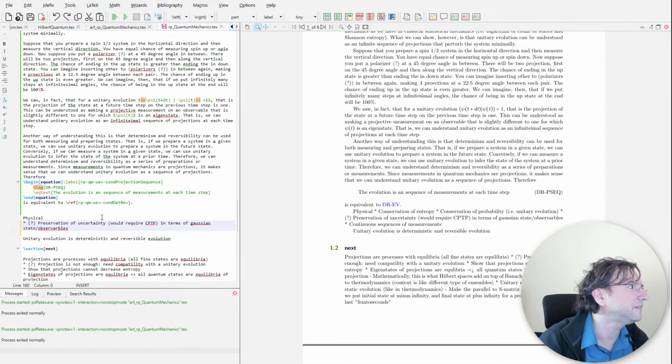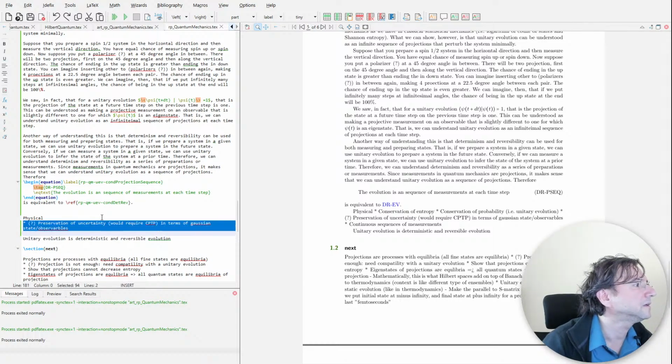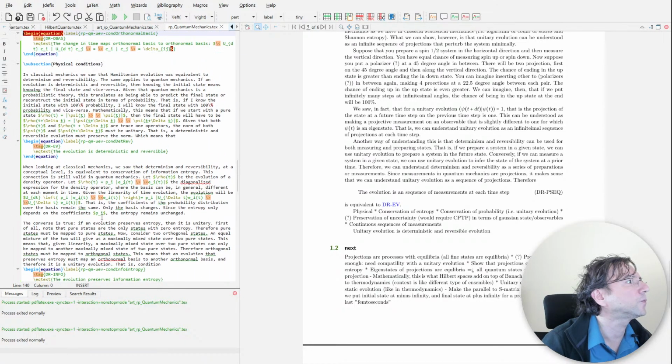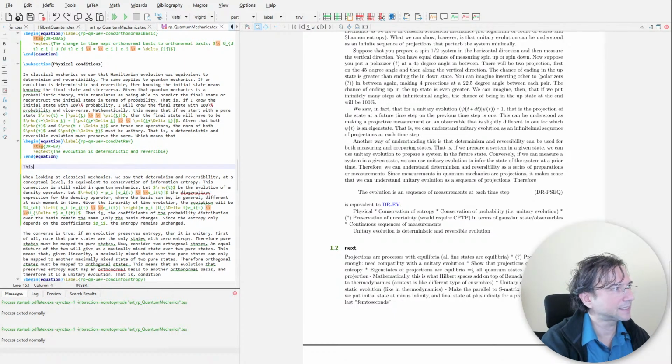Conservation of probability we have done, and we can put this essentially after we say that the evolution is deterministic. The same argument can be developed on probability distributions.